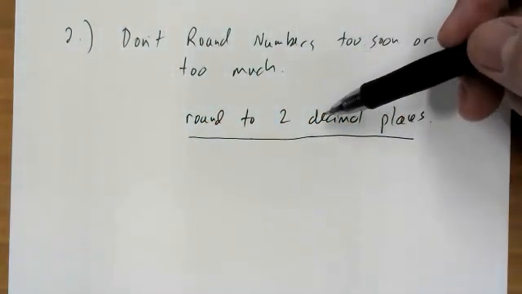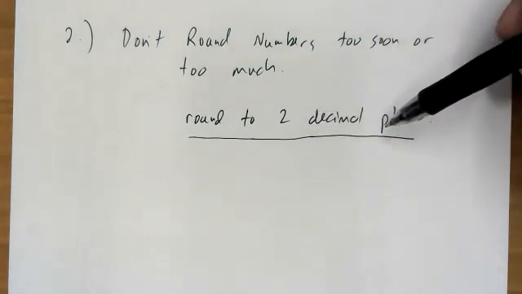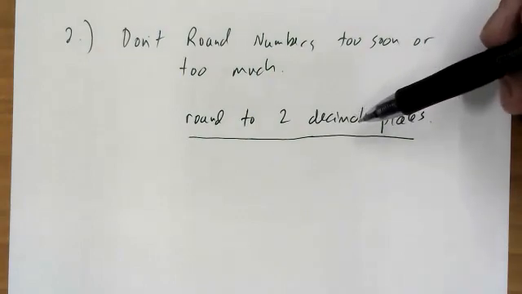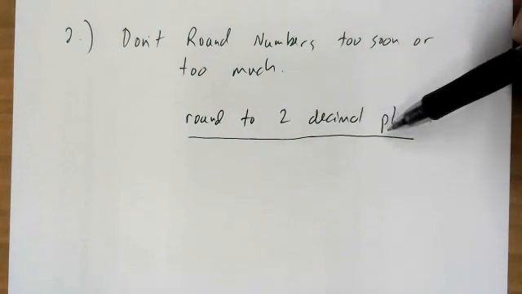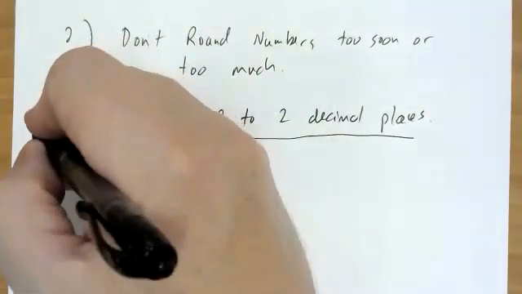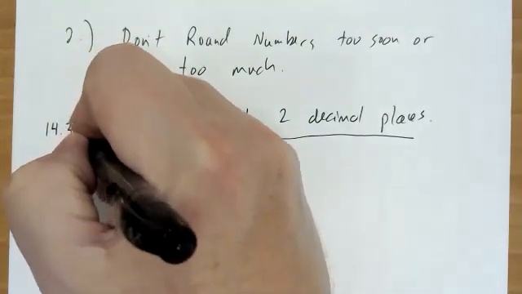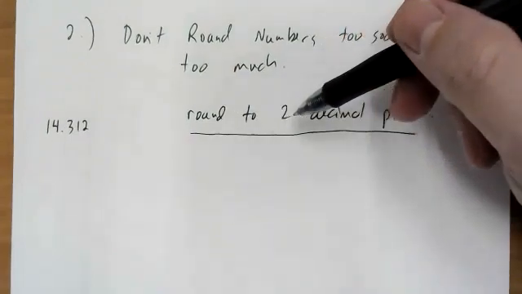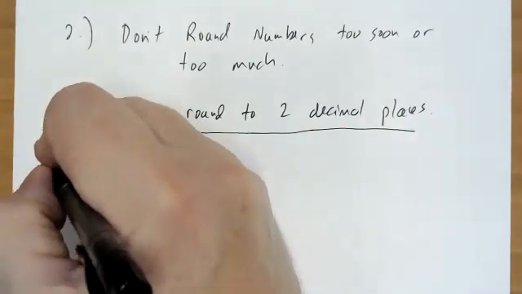Now, the first thing to realize when you give an answer, if your answer does not have 2 decimal places, they will probably count it wrong because you did not put it in the right form. So sometimes errors that students make, they don't pay attention to what form the answer should be in. So maybe you give an answer, that's your answer, but they actually told you to round to 2 decimal places.